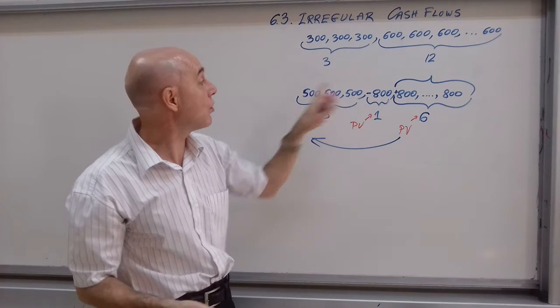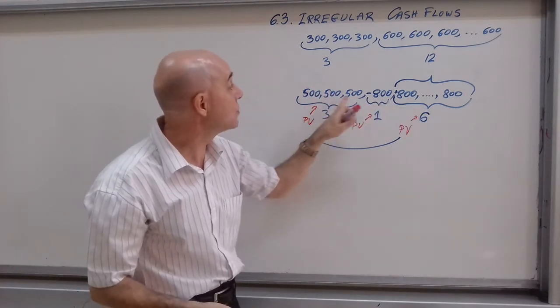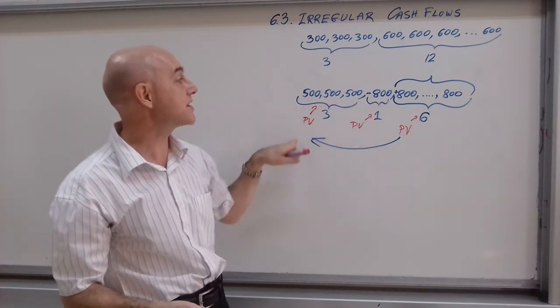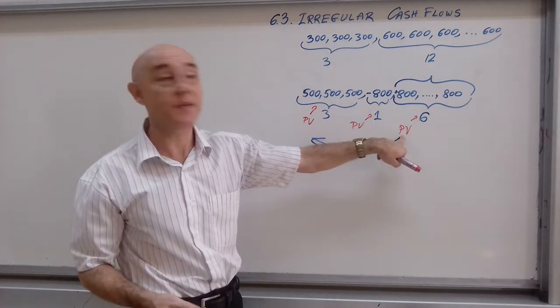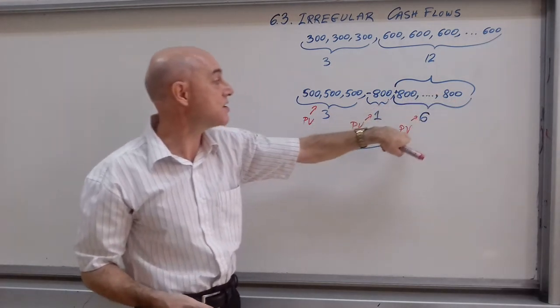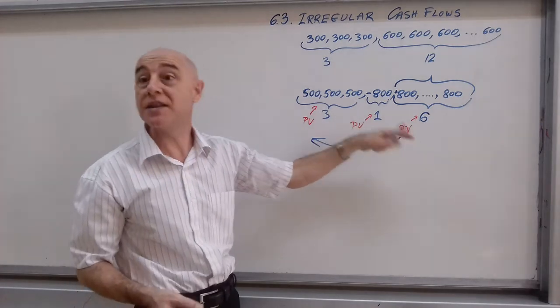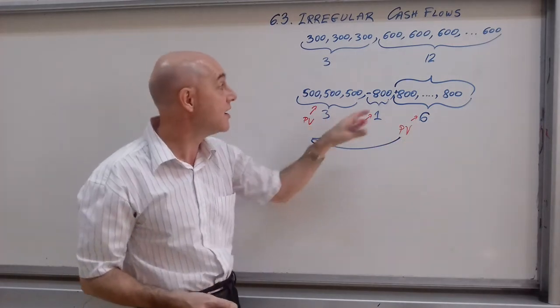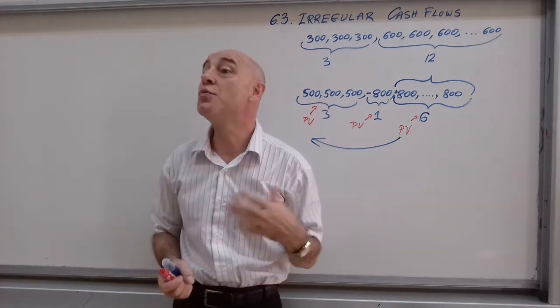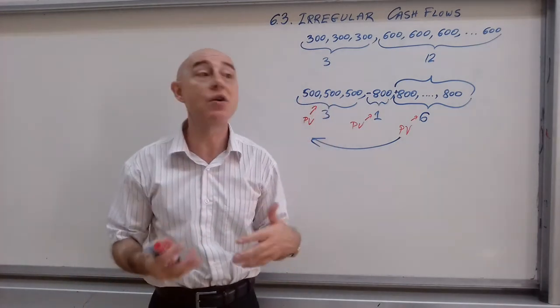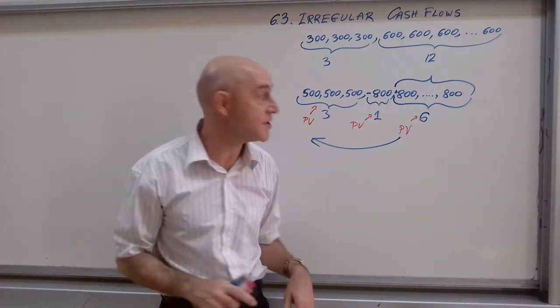Or, okay, this is actually 1, 2, 3, 4. This one, you discount 4. This one, you discount 5 periods back. So, you take all of these, you calculate, and then you discount 5 periods back. You take this one, discount 4 periods back, and you take this one. So, you may have to decompose it into a number of payments.